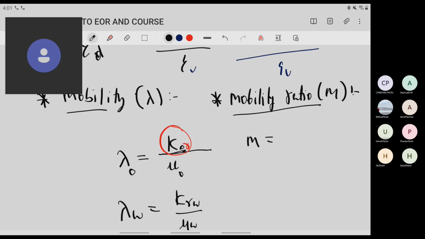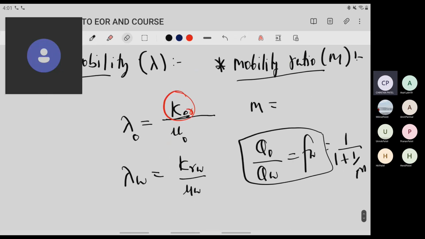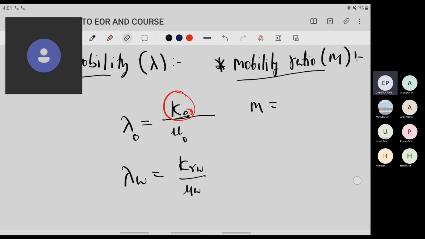I guess it is how much water is moving relative to oil, a percentage of mobility? Or is it the flow rate of oil upon the flow rate of water? No, this is not mobility. This is simply fractional flow, which we will discuss later, not now.